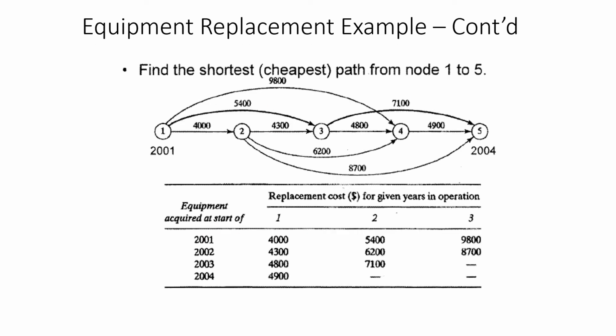Each node in this network represents the beginning of the year. So node 1 represents the beginning of year 2001, node 2 the beginning of 2002, and so on until node 5, which is the beginning of 2005, which is the end of 2004.